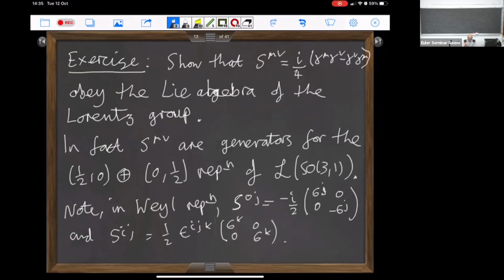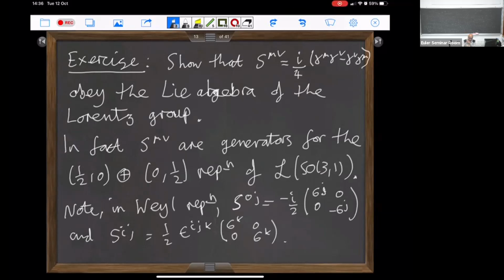Now, if instead of taking the anti-commutator, you take the commutator and put a specific coefficient, i/4, then these matrices, S mu nu, are a set of 6 4x4 matrices.